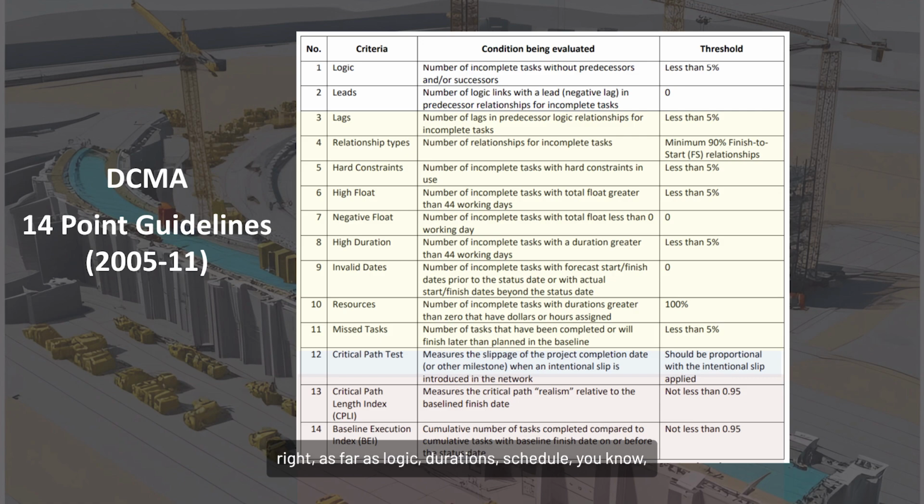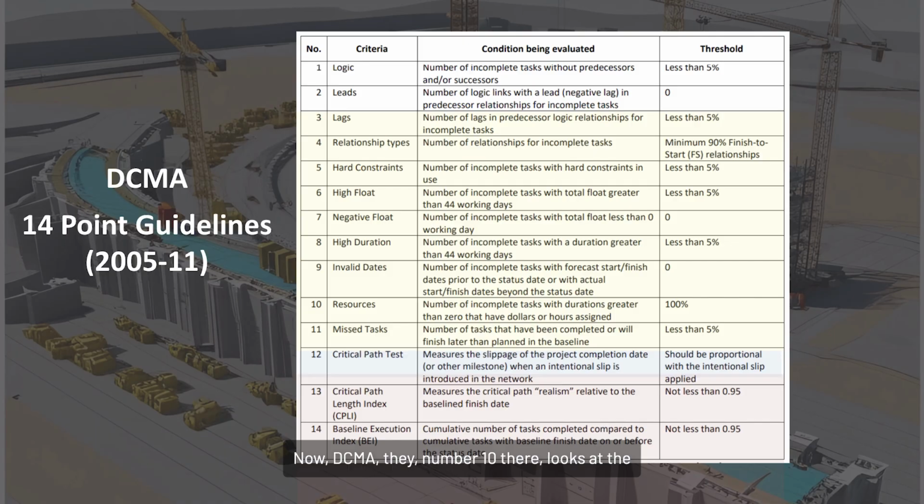As far as logic, durations, schedule, all the different things. And the way I define these schedule quality components are the components in the schedule that are going to impact the calculation. In other words, they're going to impact whether or not my critical path calculation is reliable, right? So those are the things that I look at as quality.